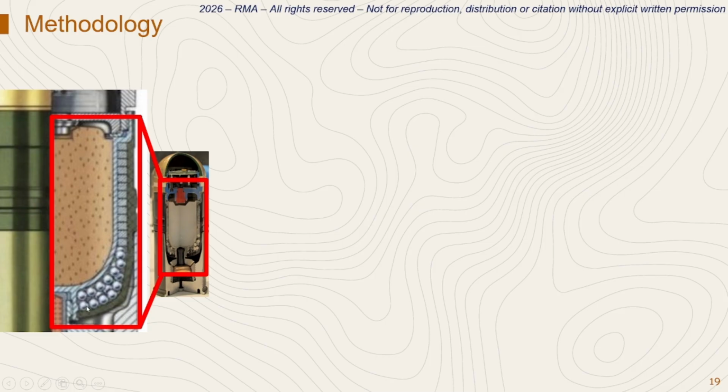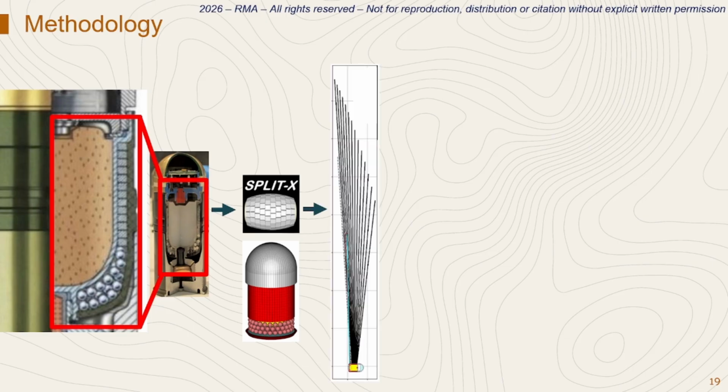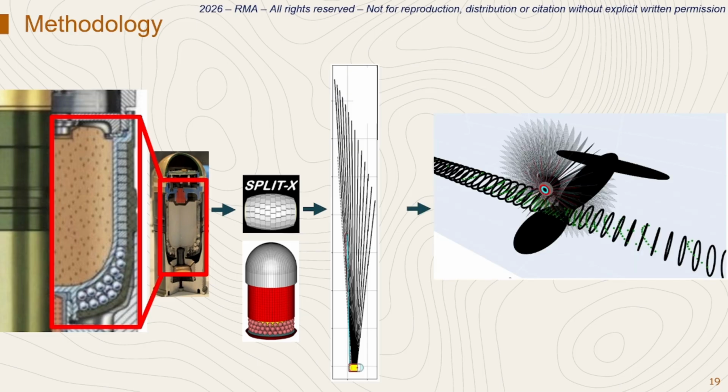We model this ammunition in dedicated software, and that software gives us a fragmentation pattern with flight directions and velocities. We will use that 2D fragmentation pattern in our methodology to recreate a 3D fragmentation pattern and to look at the interaction with our target models.